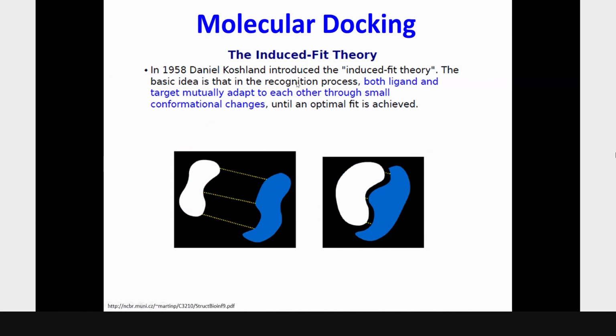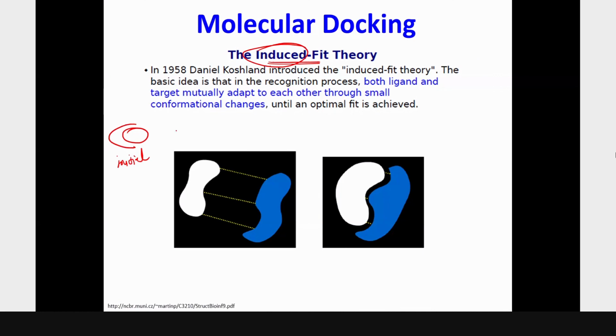The second theory is the induced fit theory. What is the meaning of the word induced? When two things come in contact with each other, it is not always necessary that they fit perfectly, with complementary shapes initially.